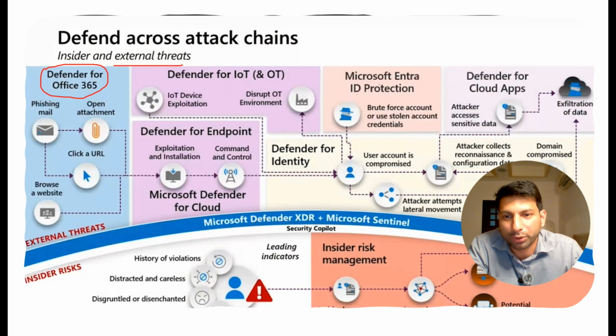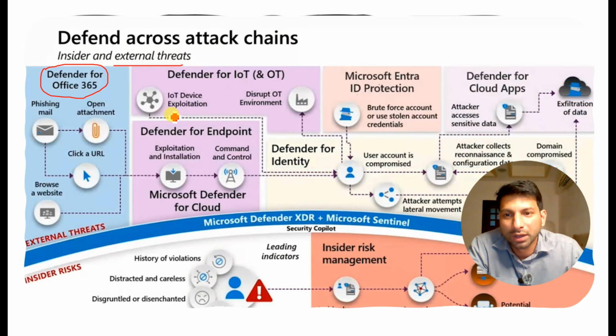Then comes the next product, which is Defender for Endpoint. He tries in a different way. He tries to attack your device. How will Defender for Endpoint protect you? Defender for Endpoint protects your laptop, your firewall, your access point, routers, mobile, tablet, and your PCs.